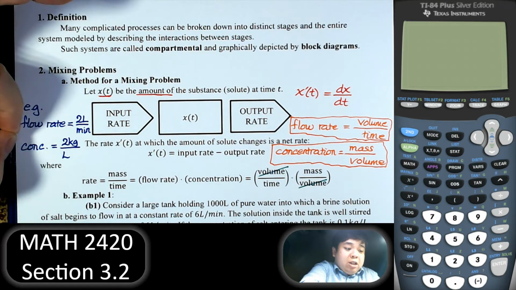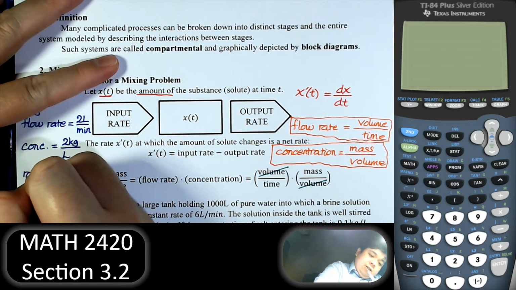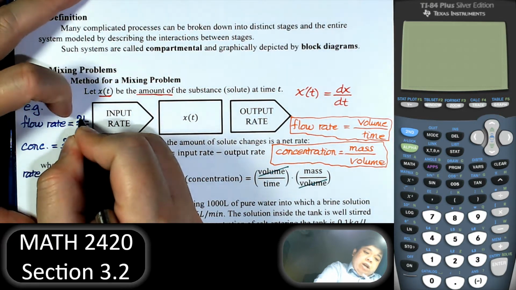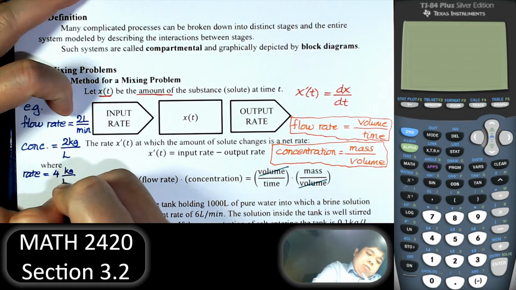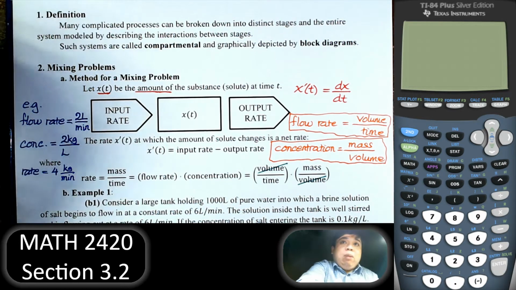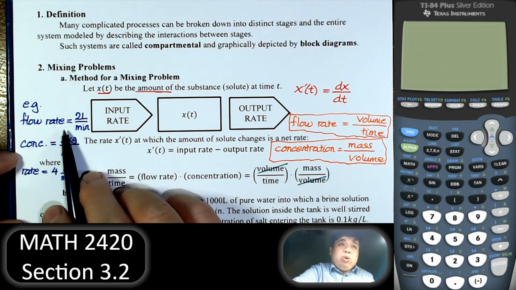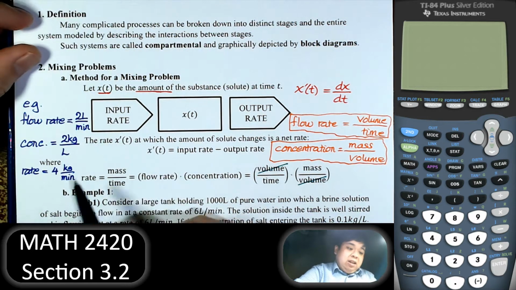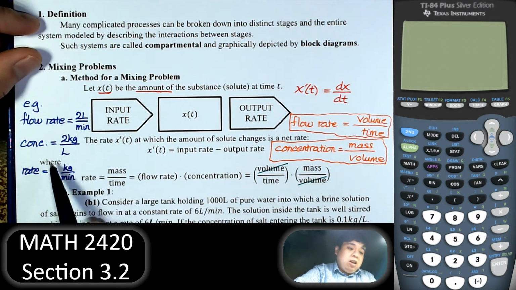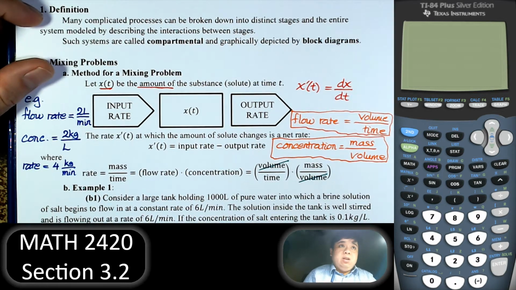When we multiply these two together, we have the rate: 2 times 2 is 4 kilograms per minute. So in 1 minute, the flow with the concentration will give us 4 kilograms entering or exiting the tank, 4 kilograms per minute. We just multiply these two together. That is the relation between the flow rate and concentration that gives us the rate in general.